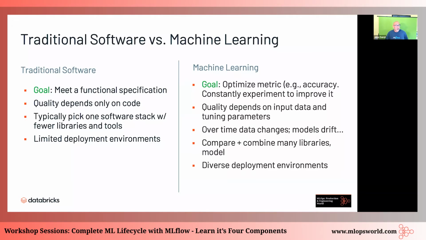And the quality of the code in traditional software depends on the code itself, among other things, whereas the quality of the model depends on the input data and the tuning parameters that you choose. And that bit is experimental. You don't just take one tuning parameter and an input set of training data and say, okay, we're done with it, right?